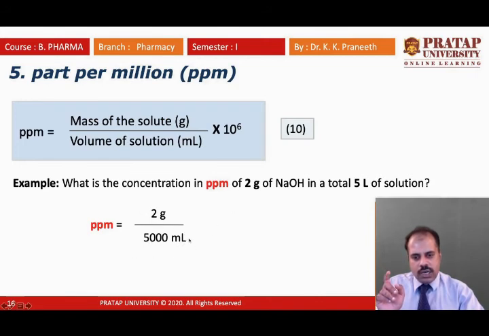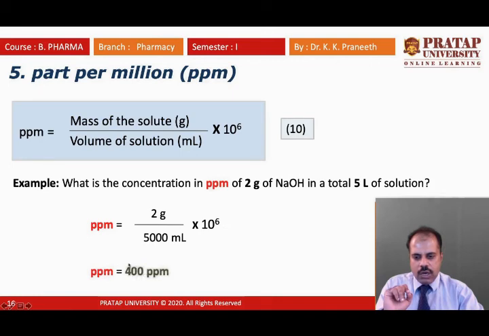I have changed it to milliliters here, because in the formula we have to calculate in milliliters only. You have to input this value in milliliters. So 5000 milliliters, multiplied by 10 to the power of 6, this factor. You can divide 2 by 5000 and then multiply by this value, and check it.